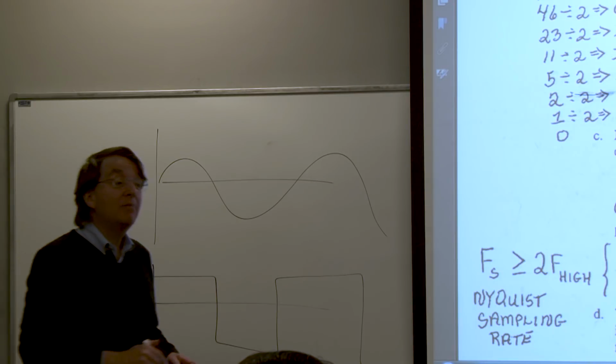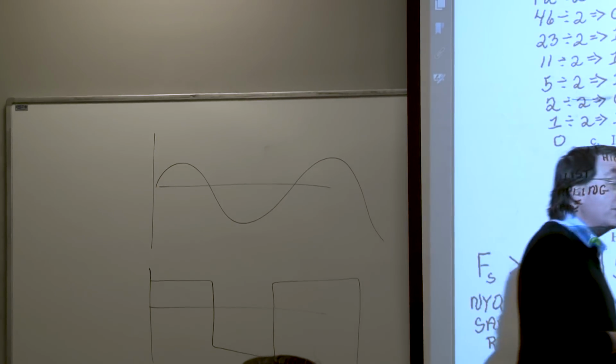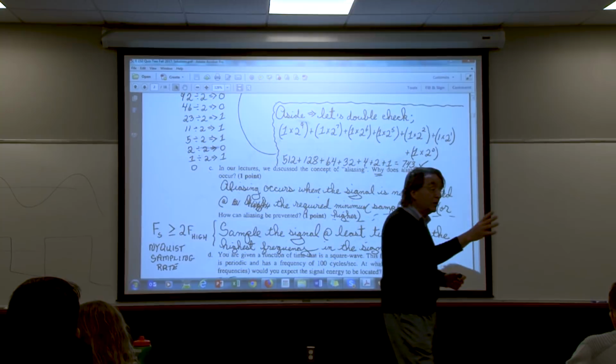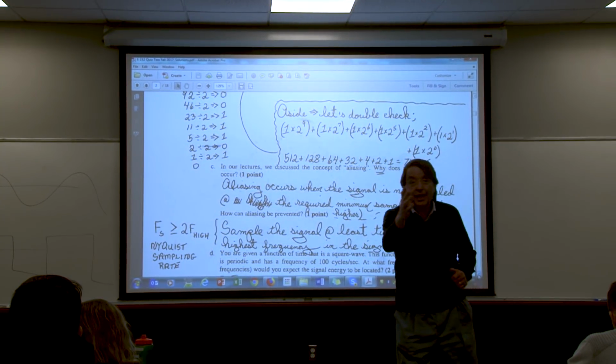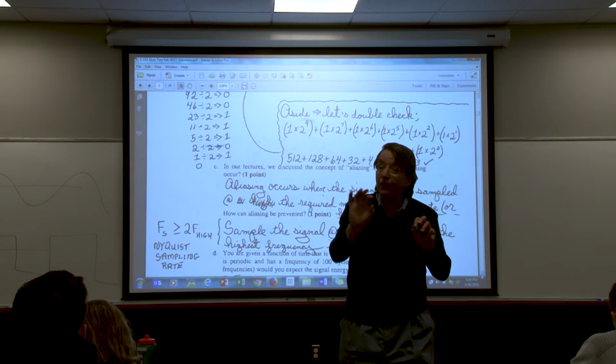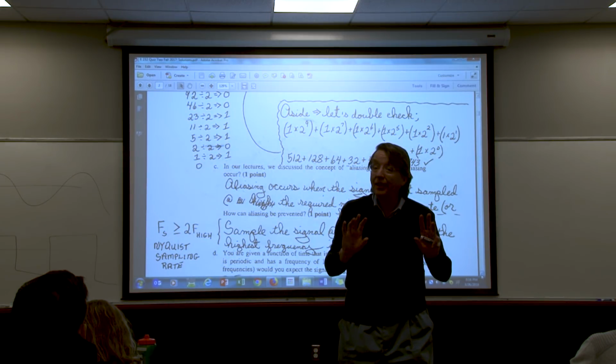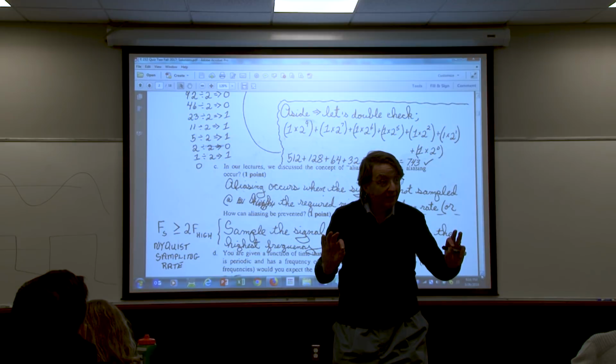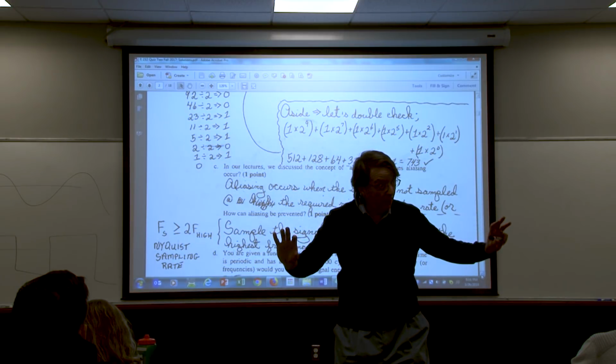Now, what else do I remember about the Fourier series? I remember using the musical analogy in class. We have the fundamental, which is the first harmonic. What's the next term? The second harmonic. The next term is the third harmonic.